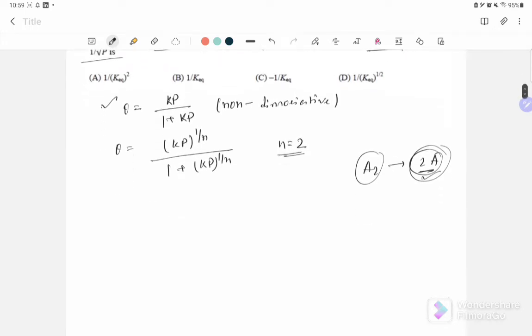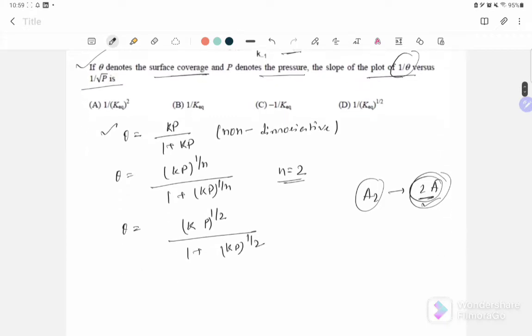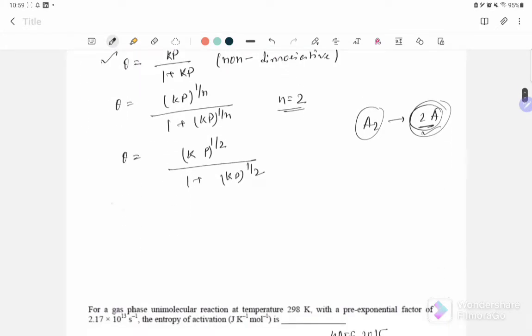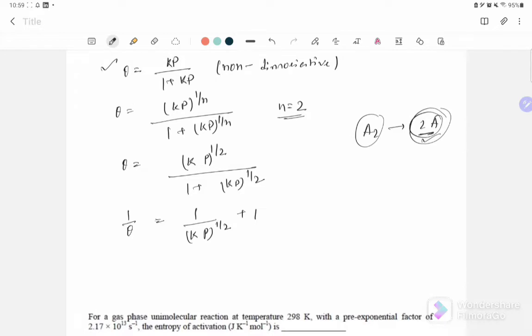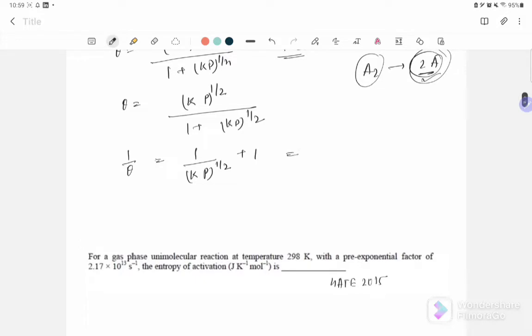So theta is kp to the power 1 by 2 over 1 plus kp to the power 1 by 2. It asks for 1 by theta versus 1 by root p. So 1 by theta is 1 by k to the power half into 1 by root p, plus 1.